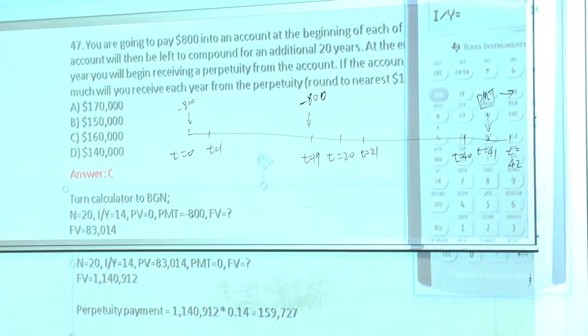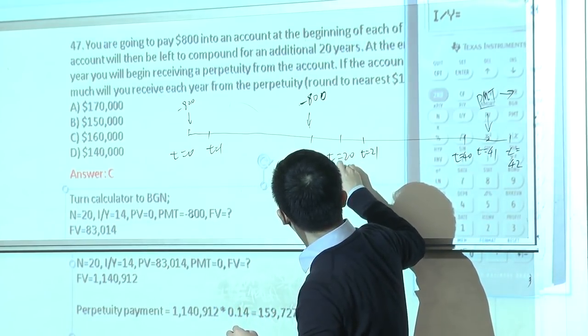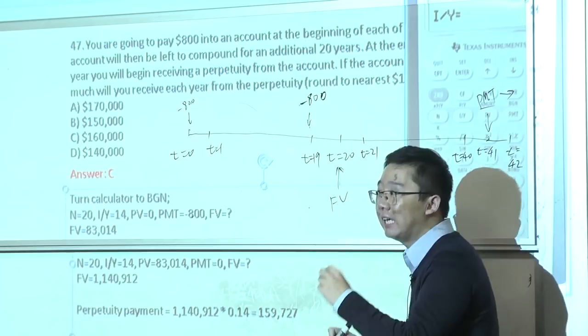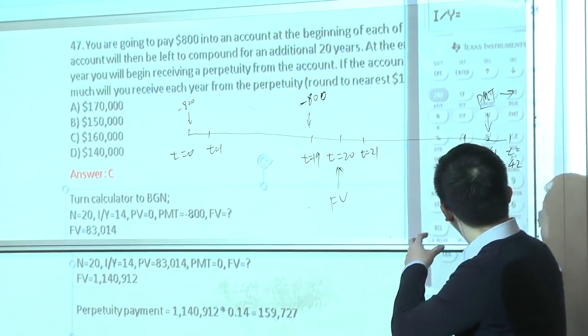Okay, now this annuity due. What we do first is calculate the future value of that annuity due as of the end of the 20th year. I like this method. The future value right here, and let that value compound for 20 years.